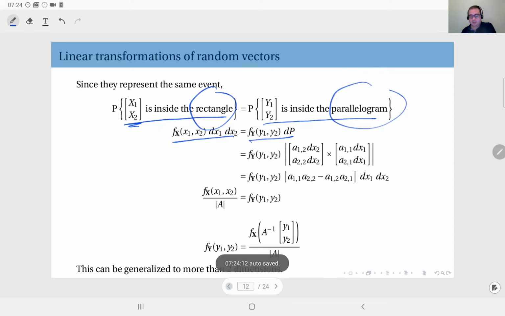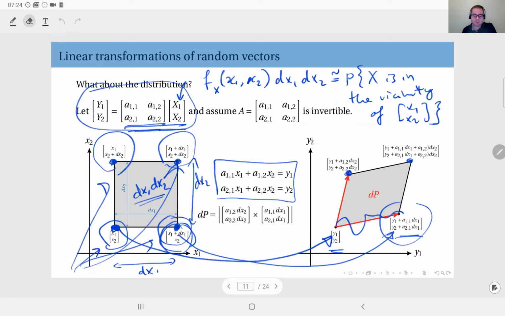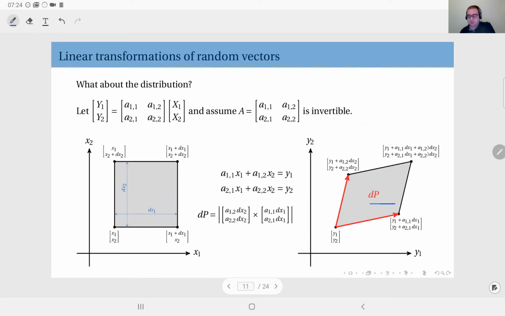Now, for the area of the parallelogram we use a result from analytical geometry. The area of this parallelogram is equal to the magnitude of the cross product of these vectors. You just take two sides emanating from the same point and get their cross product. Remember, the cross product gives also a vector, but we just want its magnitude.